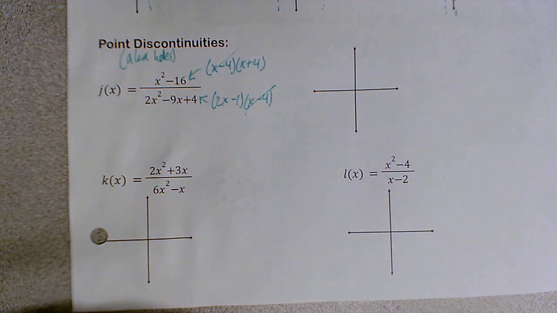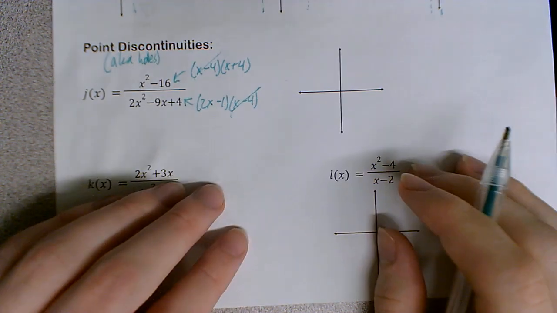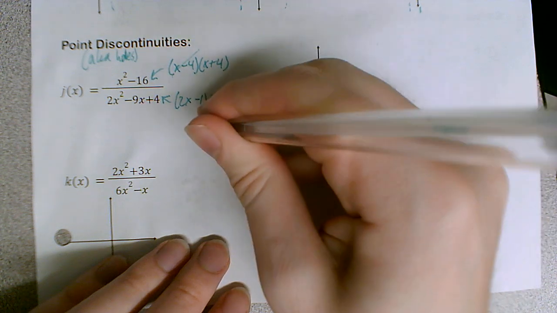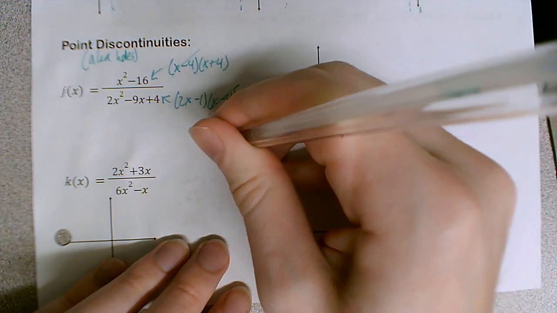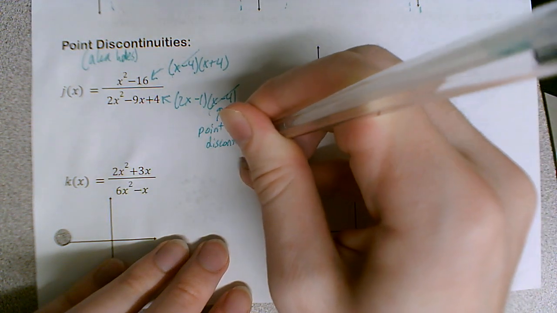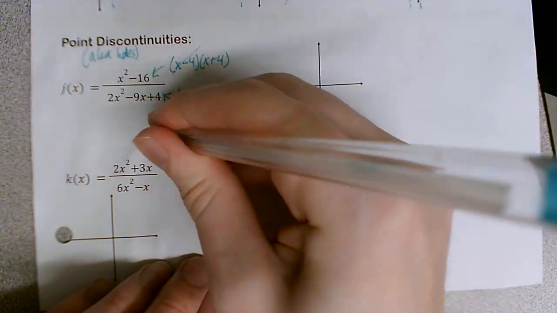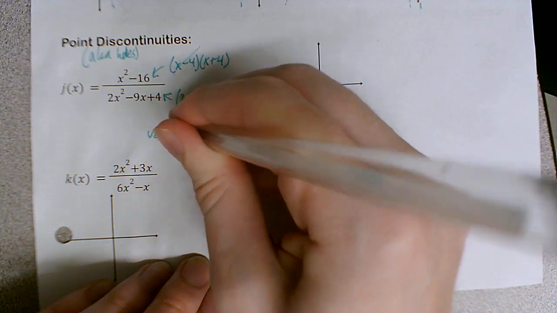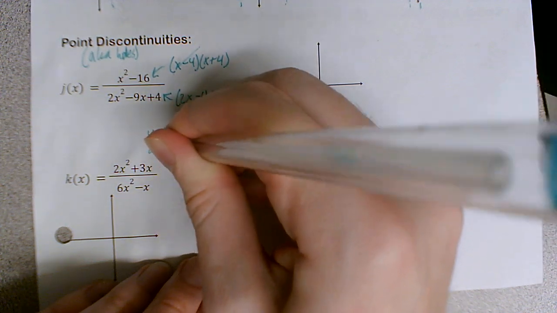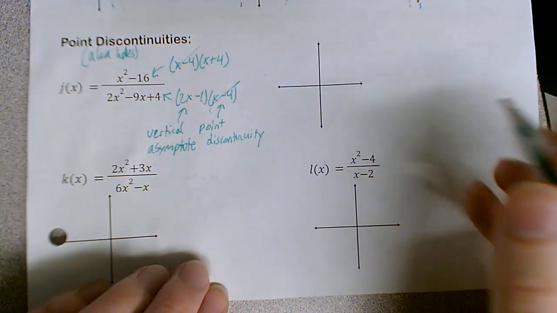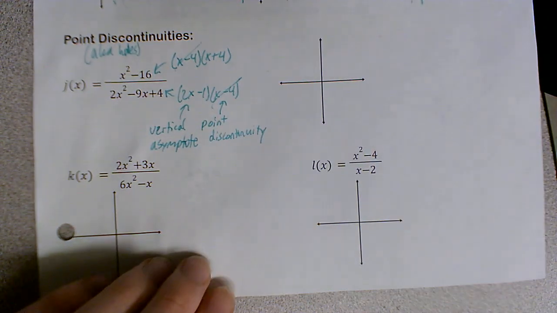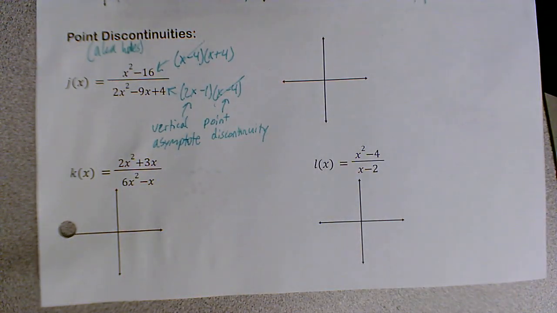Okay, and because it cancels out, this causes a point discontinuity. Whereas the 2x minus 1 being in the denominator causes a vertical asymptote. So if it cancels out, it causes a point discontinuity, whereas if it doesn't, it causes a vertical asymptote.